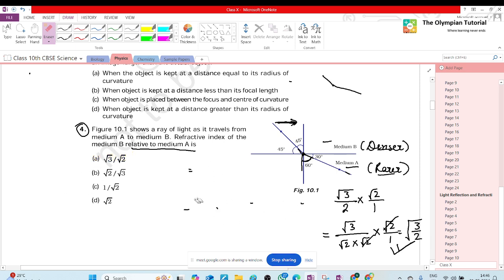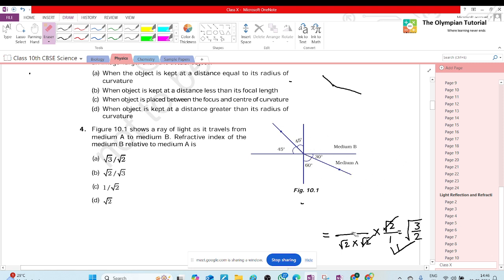Ma'am, when they say refractive index of medium B relative to medium A, that means medium B with respect to medium A. It's the same thing we are doing. When they say one medium with respect to the other, which medium is the light ray coming through first? Always whichever medium is written last, with respect to that medium, that is the medium with the incident ray.